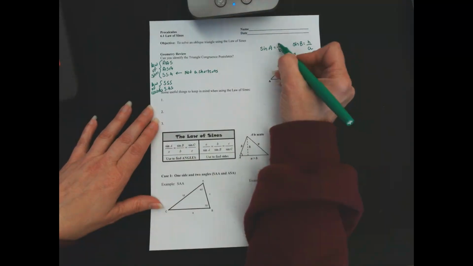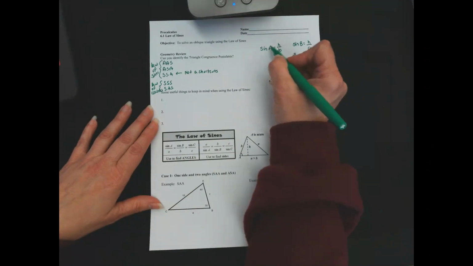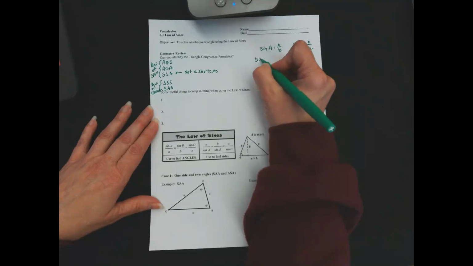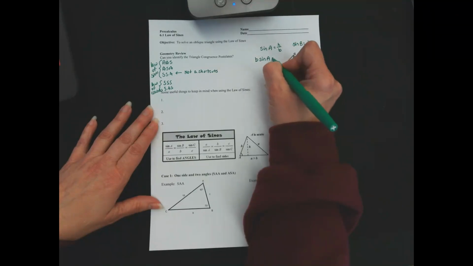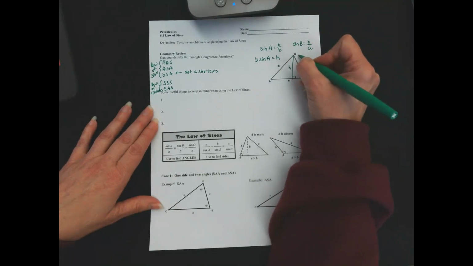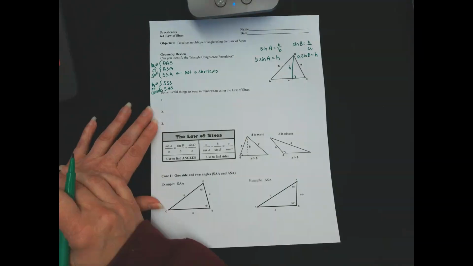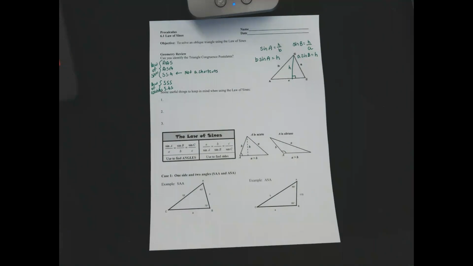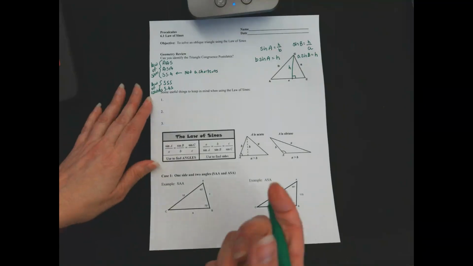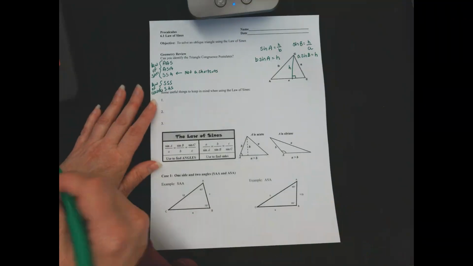To get the height by itself, I just multiply both sides by B, so I end up with B times the sine of angle A. Over here, I end up with A times the sine of angle B. Because both equal H, I can substitute and set those expressions equal to each other.